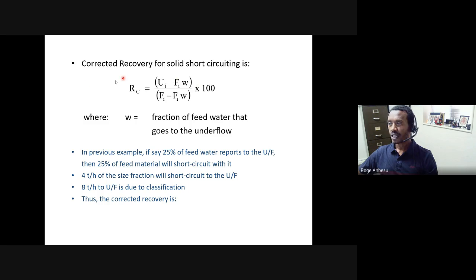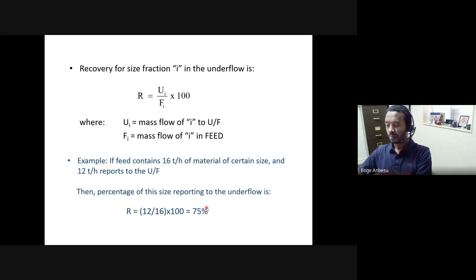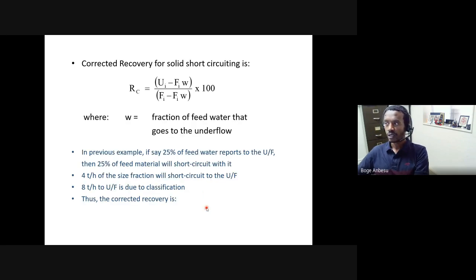So basically in this case, we need to correct this value here by considering possibly some of the particles could go with water into the overflow and with water into the underflow as well. And to correct that, we use this equation here. So again, these are the ones that I have collected, say total 250 micron particles in the underflow, total 250 micron particles in the feed.